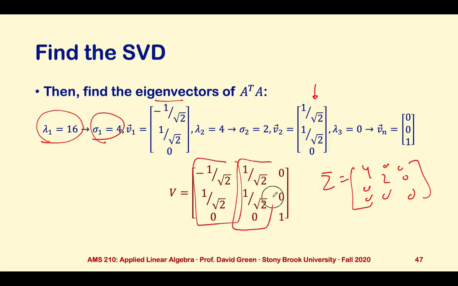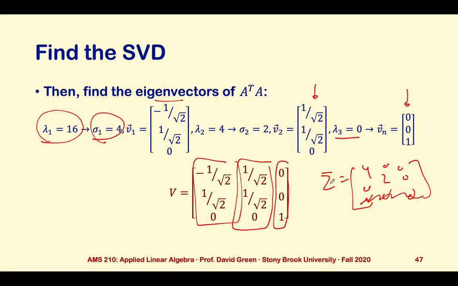It becomes the second column. For our third eigenvector, this doesn't have a singular value associated with it. The singular values are positive, but we have a 0 eigenvalue corresponding to this. The last eigenvalue of 0 corresponding to the null space becomes the last column of V. V has to be square. We have to have this last column, 3 by 3.